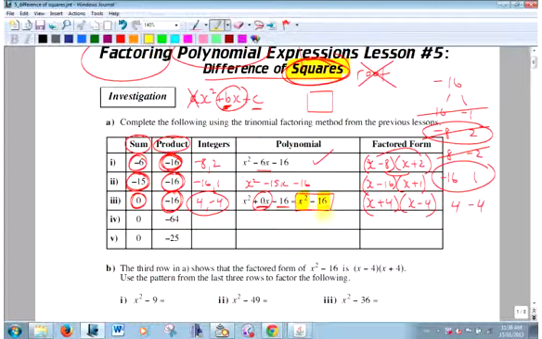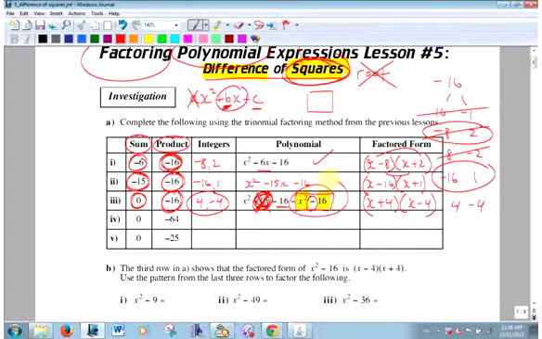That's 4 squared, the square of 4. And what's another word for difference? Subtract. So that's what we're doing today. This is a difference of two squares, or a difference of squares for short. It's a special factoring because the middle term disappears.